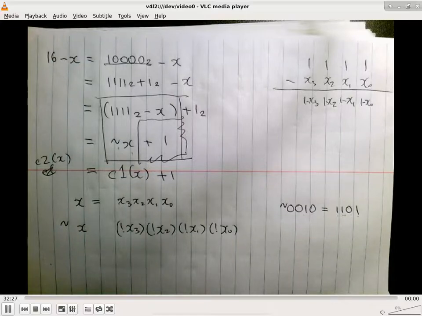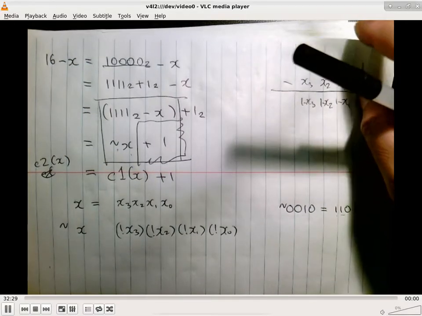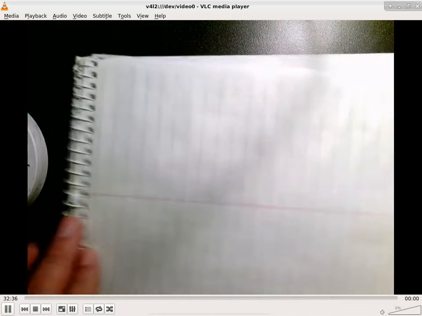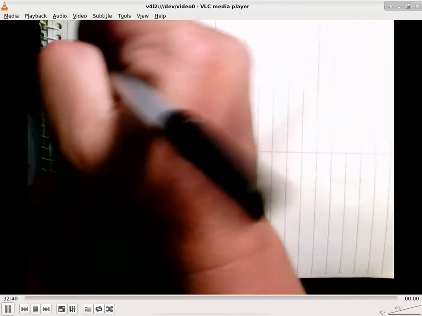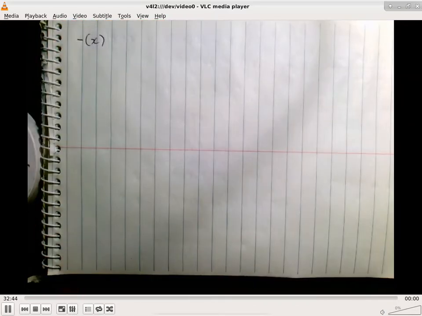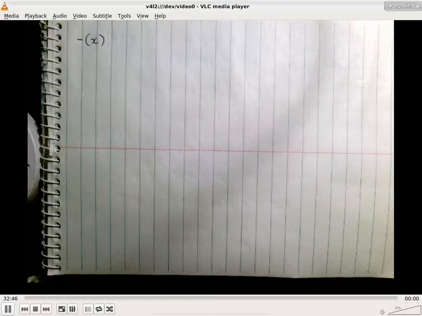Can someone tell me something about the properties of arithmetic negation? Just a few. In terms of notation, it's the negation of x. What is so special about arithmetic negation?